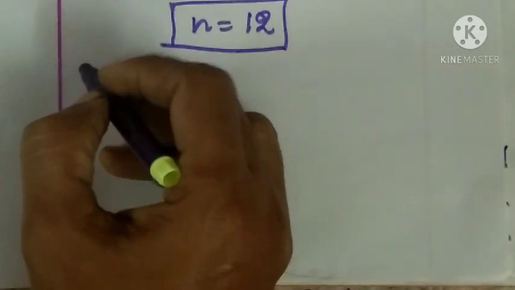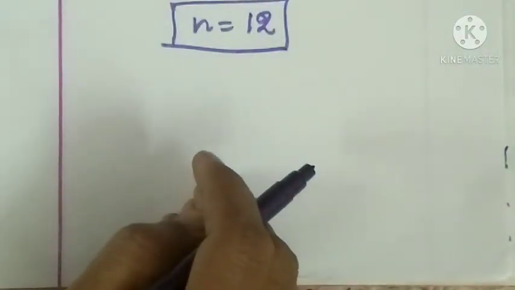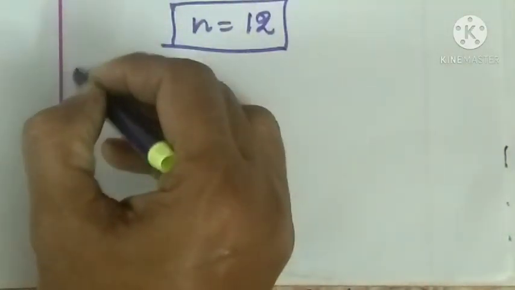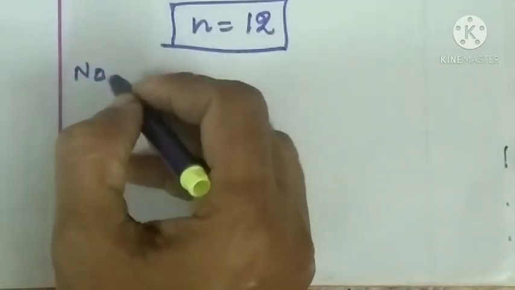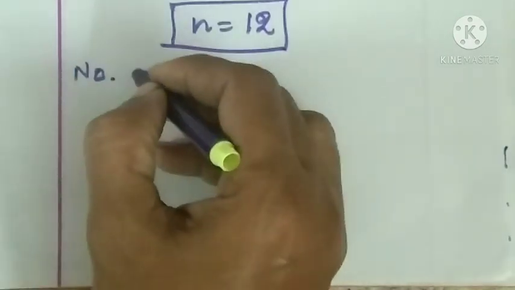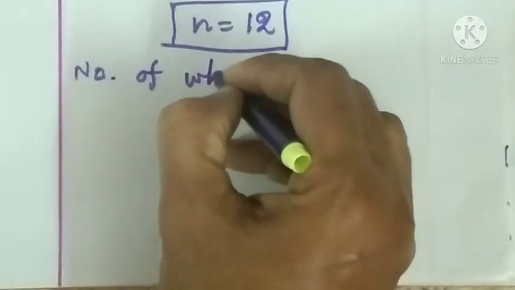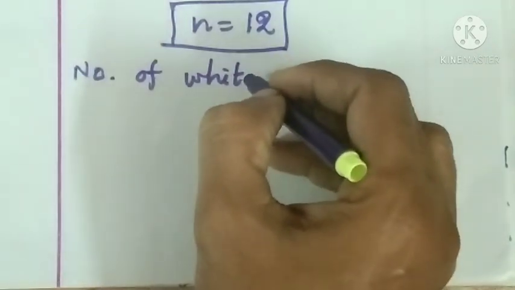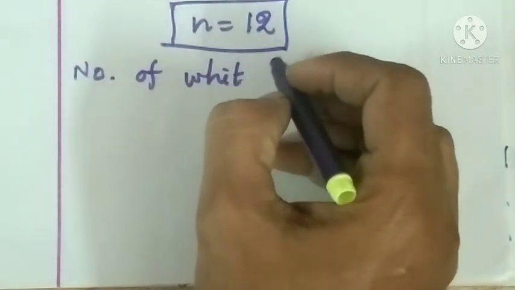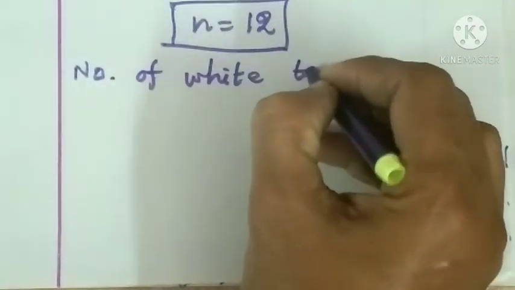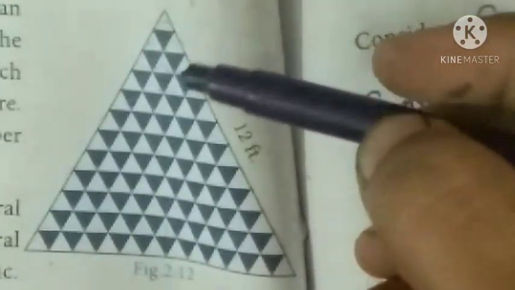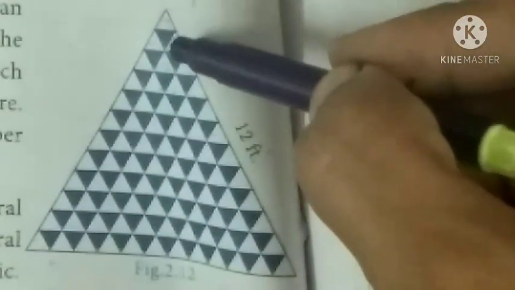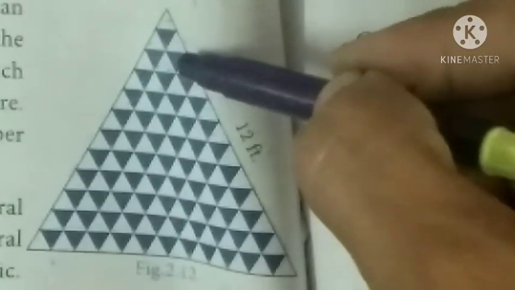Next we have to find number of white tiles and number of blue tiles. See, first you have to write number of white tiles. From the figure, this is the first row and this is second row, third row, like that going up to 12 rows.